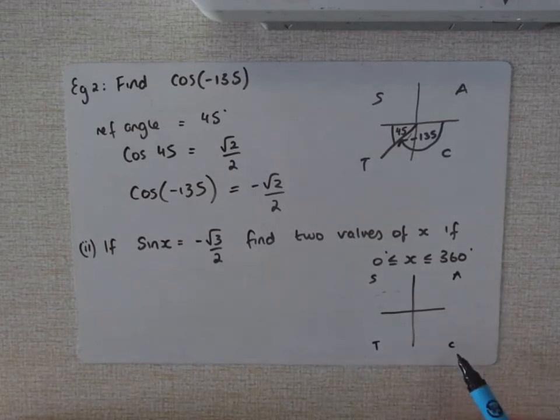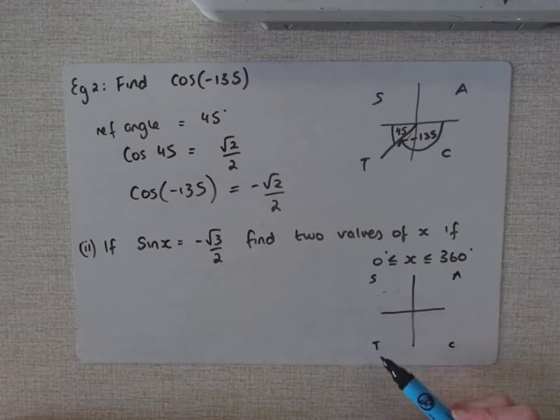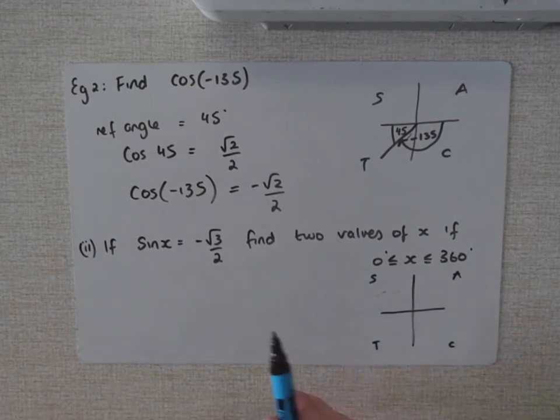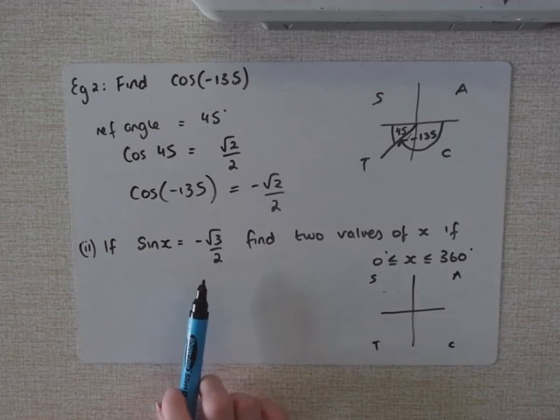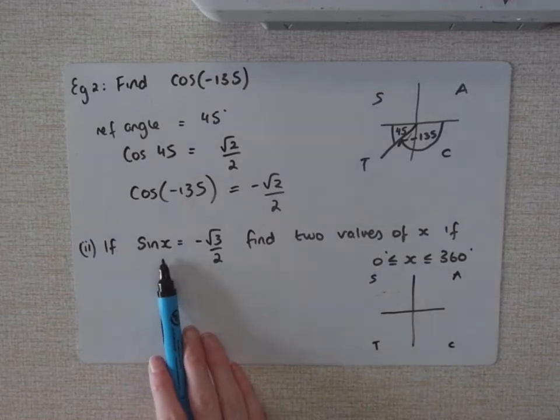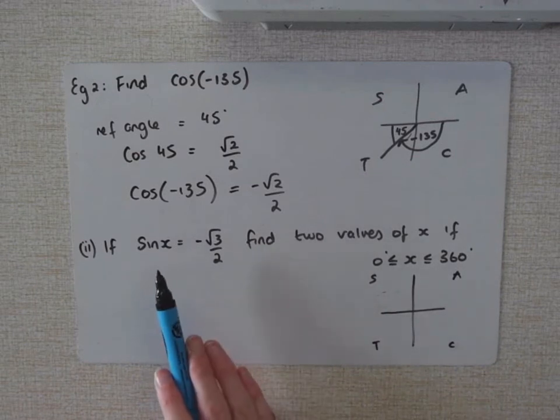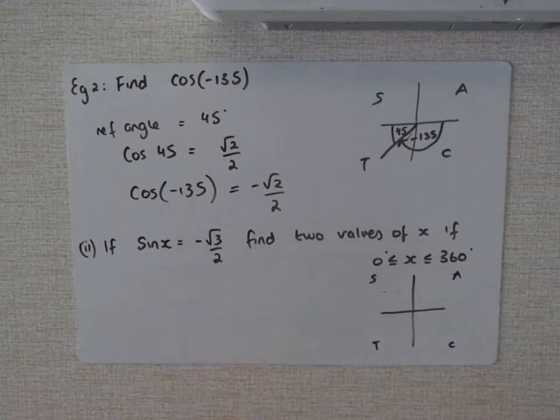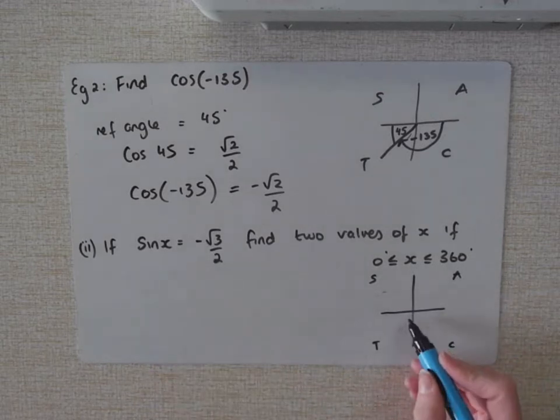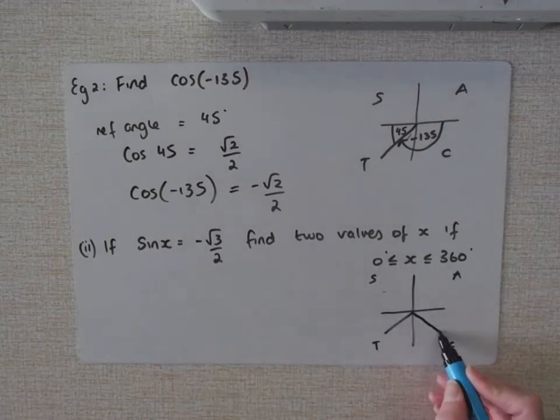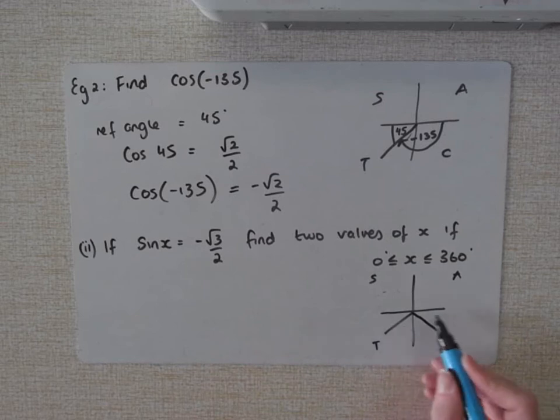You're going to draw your 4 quadrants and mark in your CAST. Now, sine of x is minus root 3 over 2. So sine of the angle is a minus. So that tells me, where is my reference angle? In the T and the C quadrants. Because it's a minus. If it was a plus, they'd be up there, but it's a minus, so it's down here. So I know my 2 reference angles are in there.